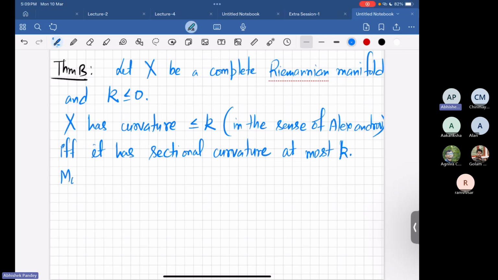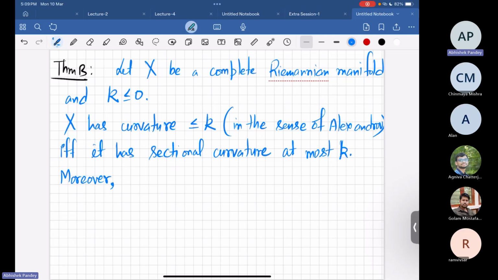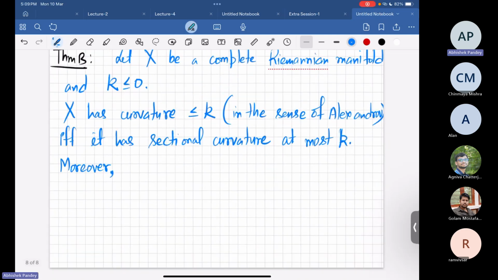Moreover, there is a notion of local CAT(k) and global CAT(k). We define the notion of CAT(k) spaces, and then we define the notion of curvature as a local CAT(k) space. So we are defining two different things here: CAT(k) spaces and local CAT(k) spaces. At this stage, I'm going to mention that point.